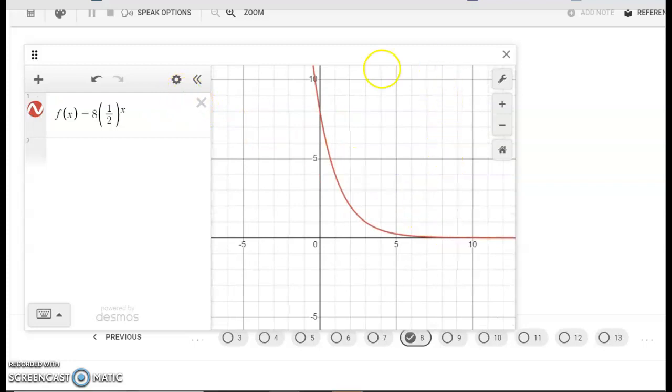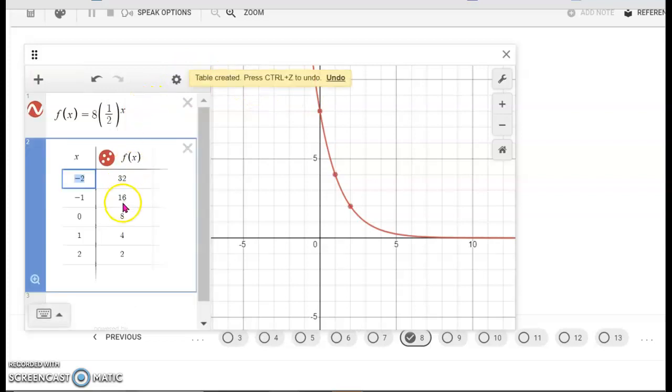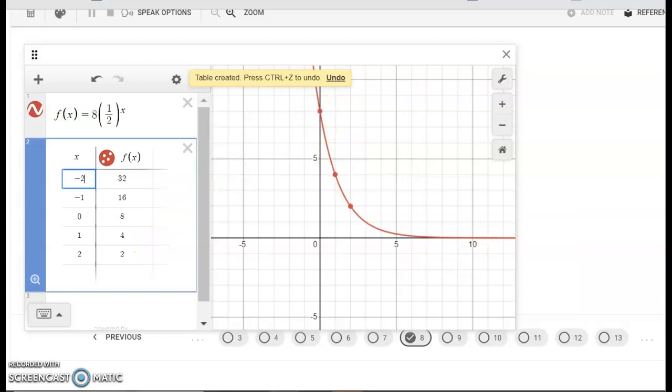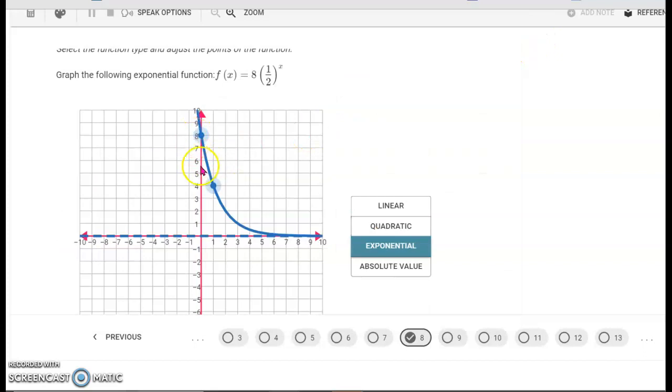And there was a new trick I showed you in class today where you could click the gear and click the table, and it'll give you points that are on the graph that you can then plot digitally. Okay, so there's 0, 8, and there's 1, 4, and see, I made sure that there was a point at 0, 8, and 1, 4. You only need 2 points, okay?